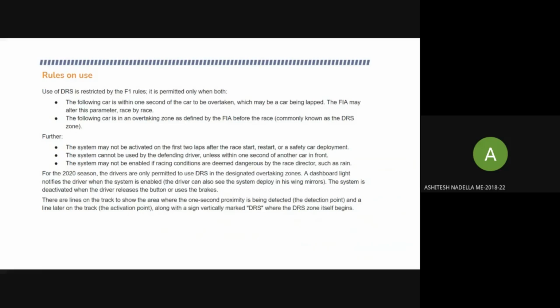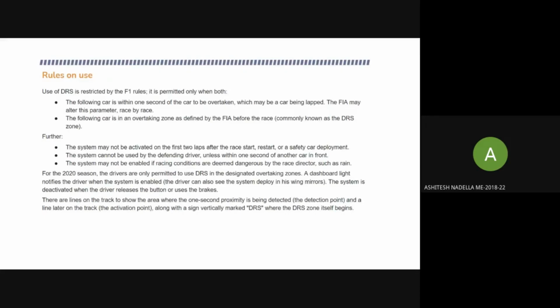Further, the system may not be activated on the first two laps after the race starts or restarts, or before a safety car comes. The system cannot be used by the defending driver unless there's a 1 second gap between the other car. The system may not be enabled if racing conditions are deemed dangerous, like rain or any other issues.